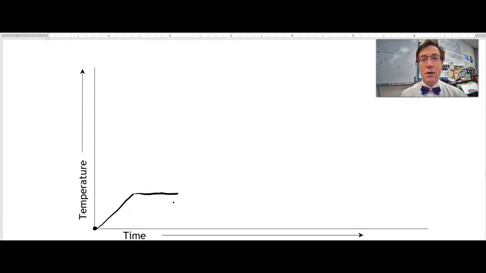And the reason the temperature is not rising is because that sample is going through some kind of phase change, right? And at some point, that phase change is going to be done, and then the temperature will start going up again. And then as time goes on, we're heating, it goes up, up, up, until all of a sudden, again, the temperature will stop increasing.